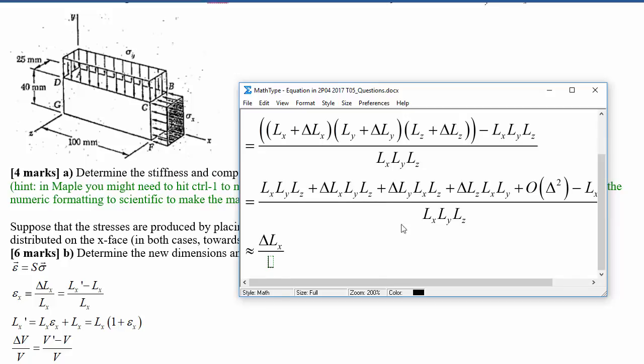The Ly and Lz will cancel, and we've got over Lx original plus delta Ly over its original length plus delta Lz over its original length, which means the fractional volume change is actually closer to just adding up the 3 strains.